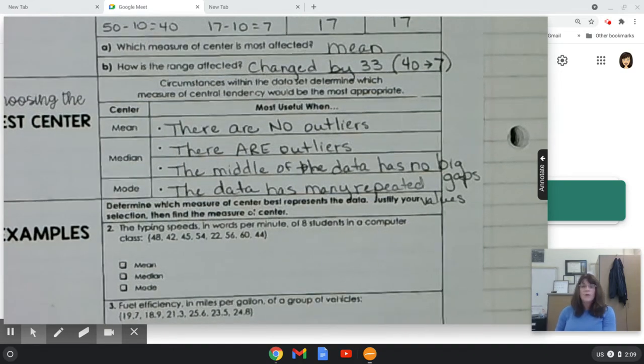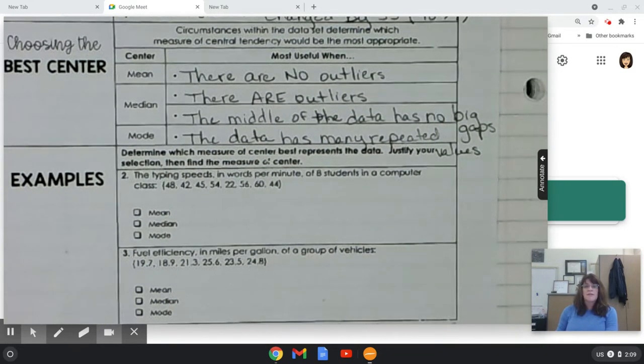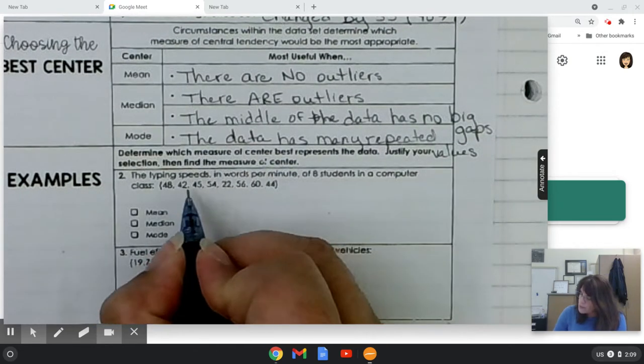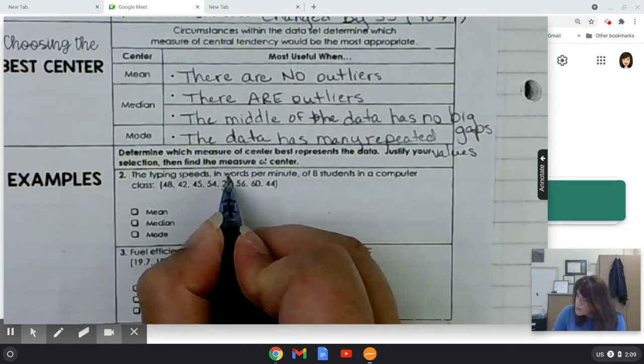So I want to look at these couple examples. I'm going to give you information and then talk about the choices. First, I'm just going to put these in order. Now, 22 is an outlier.